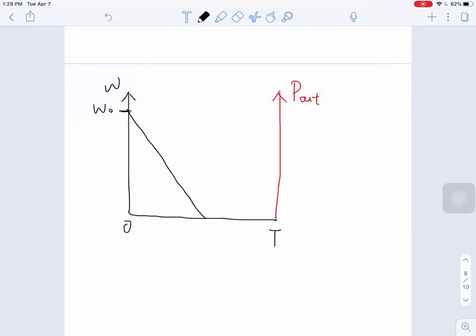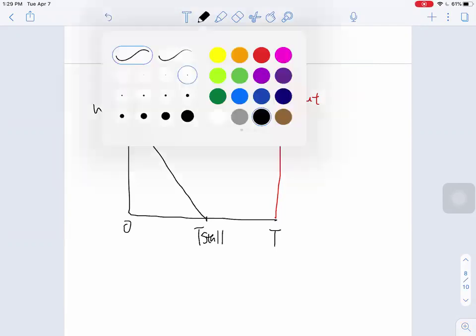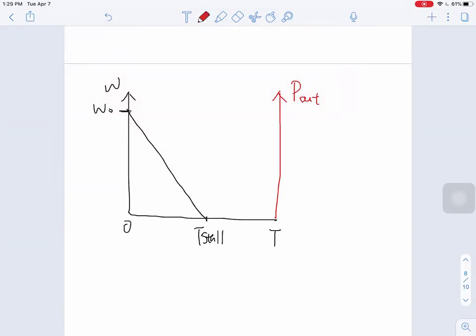This is the maximum velocity, which is the no load speed. And here we have the stall torque. And if we want to draw what the power output looks like, the curve is going to look like this.